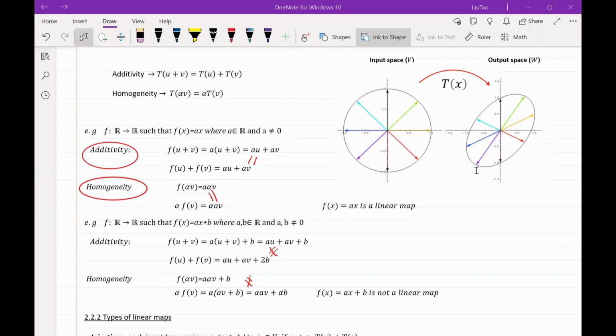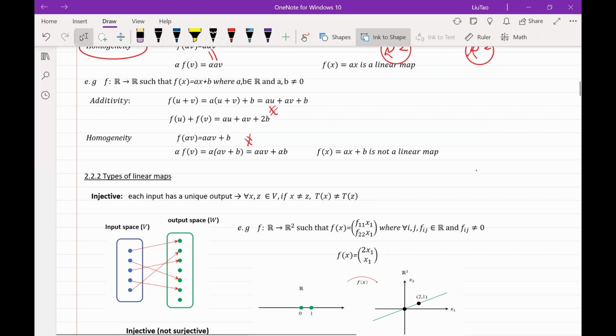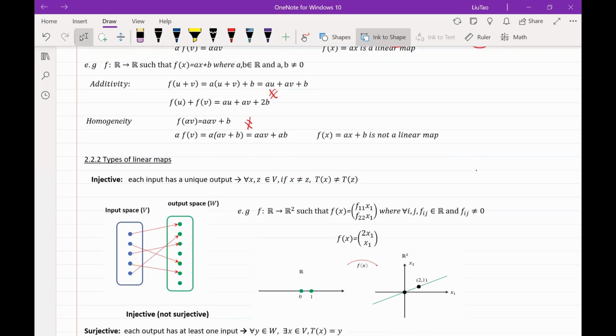It's not exact; it's trying to describe a relationship. Here we are trying to map a unit circle to here, but the unit circle is just one way to see this space. Actually, it's R2 to R2. So any vector in this space can be transformed to this space. If you still have questions, you can come to me later.